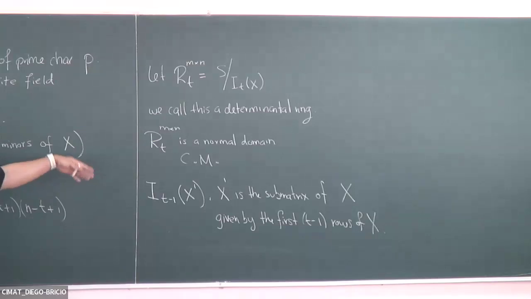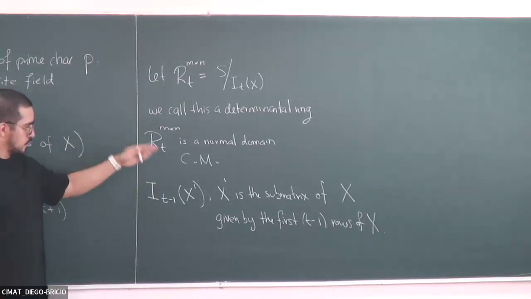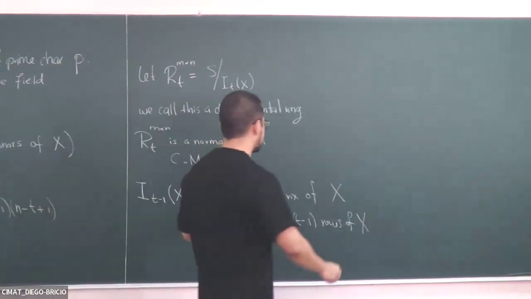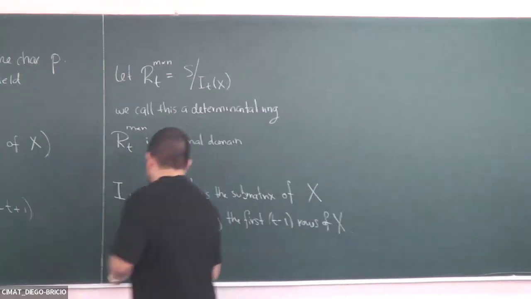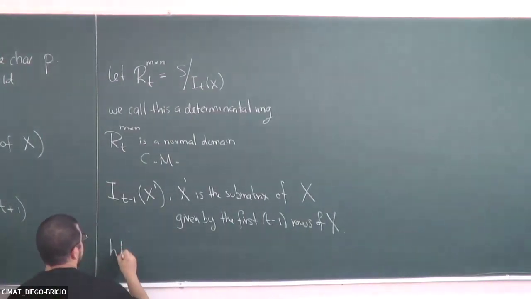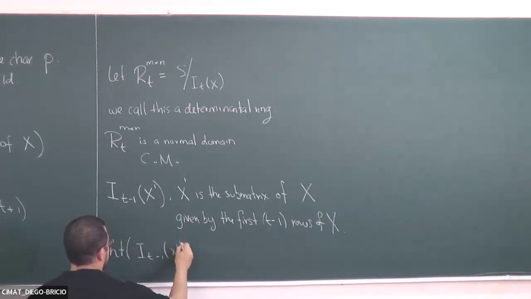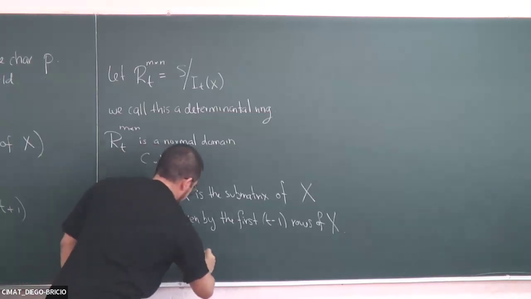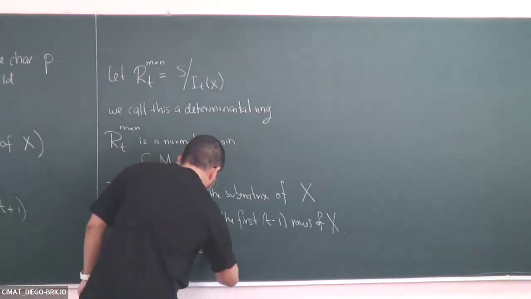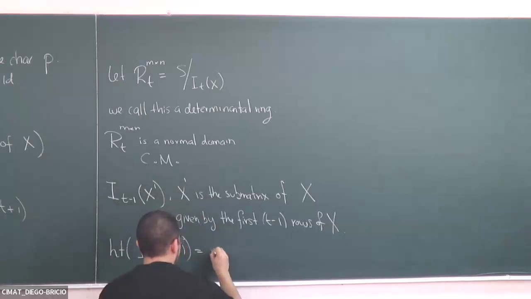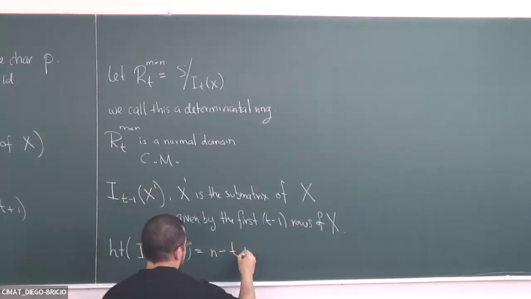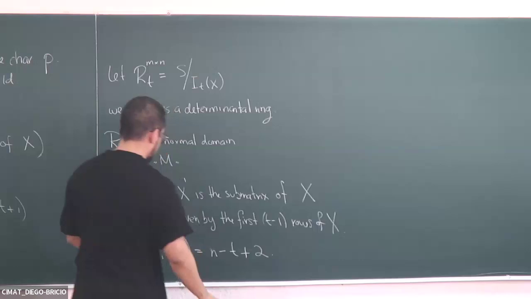Okay, so we can compute all the t minus 1 minors of this matrix. This ideal is also prime, and the height of this ideal is n minus t plus 2.